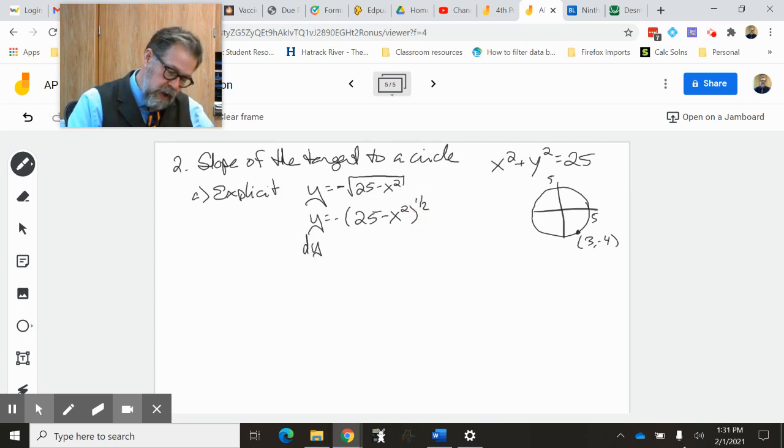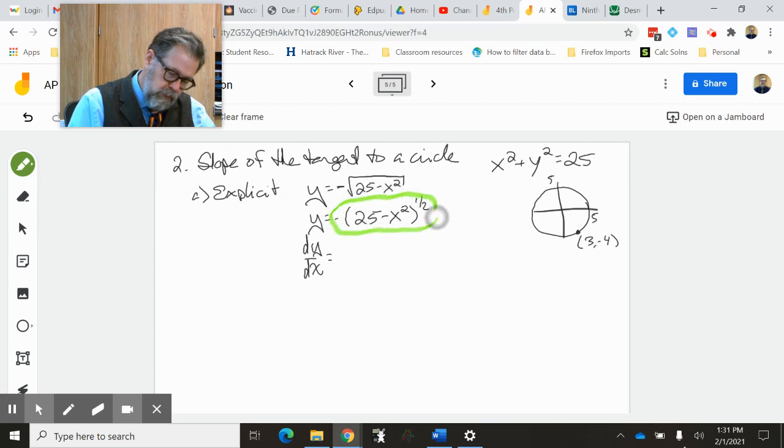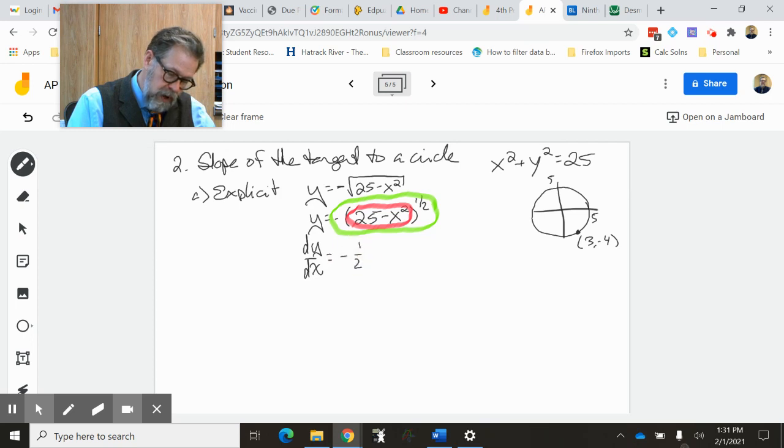And now I know that the derivative of y with respect to x equals, let's quickly do outer and inner just to keep track. So it's the derivative of the outer, which is negative 1/2 (25 minus x squared) to the negative 1/2, times the derivative of the inner, which is going to be negative 2x.